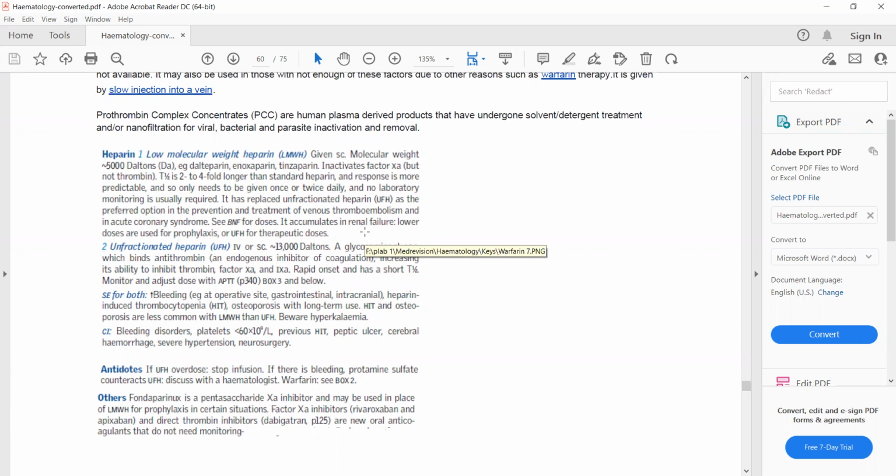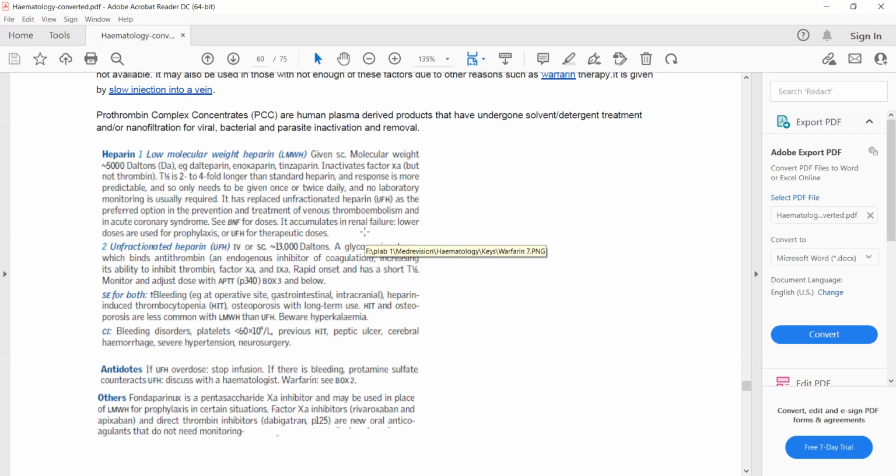So in short, the difference between low molecular weight heparin and unfractionated heparin is that low molecular weight heparin is a low molecular weight substance, and unfractionated heparin is high molecular weight.